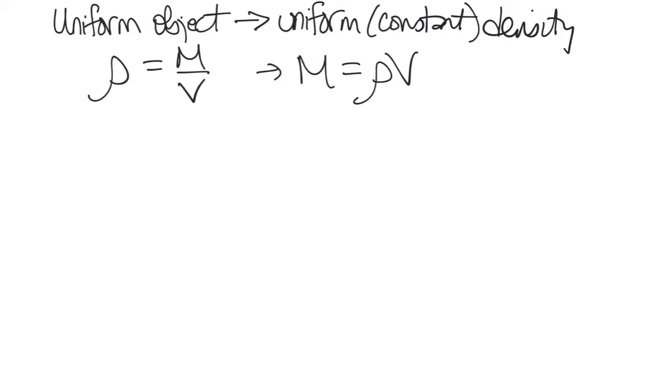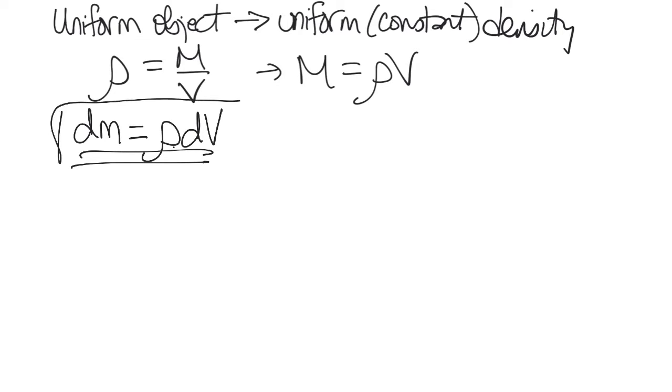This is quite a useful form. So if I was interested in dm, dm is going to be rho, because rho is constant, dv. I say rho is constant, but this is actually a general thing. It's just that rho is the value of density at the point where the dm is.